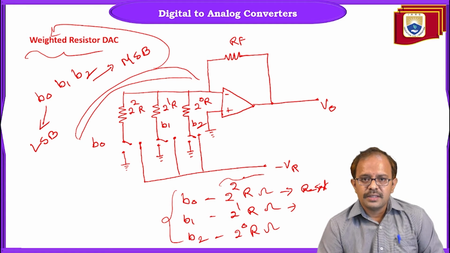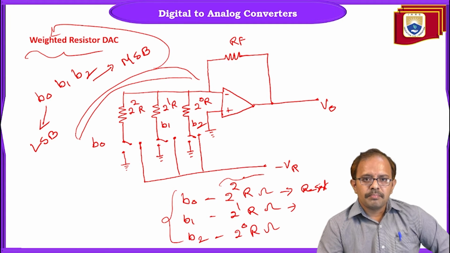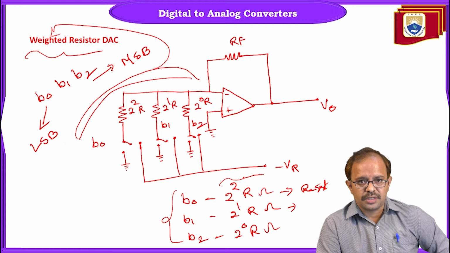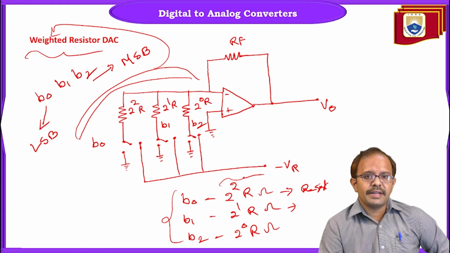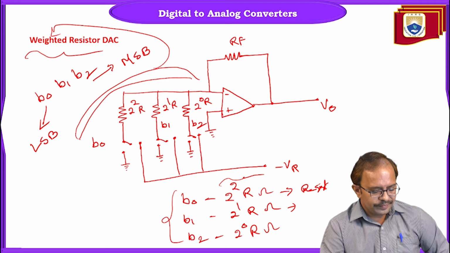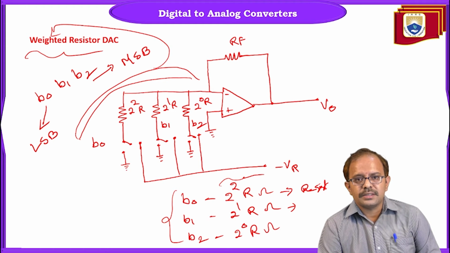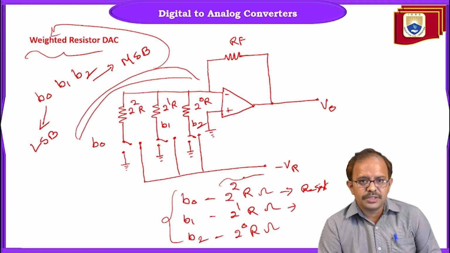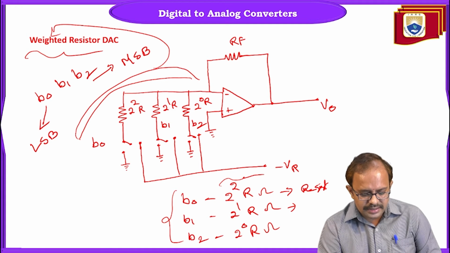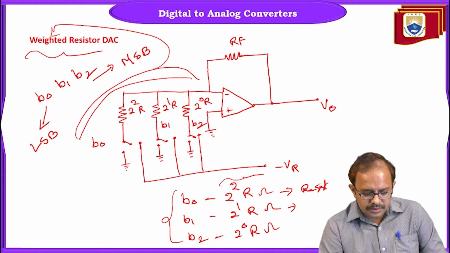It varies according to the bit position. So the LSB is going to possess the highest amount of resistance, and the MSB is going to possess the least weight. The resistance weight of the MSB is going to be very, very small.